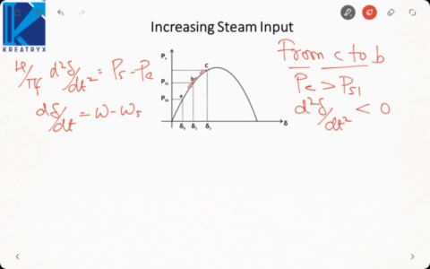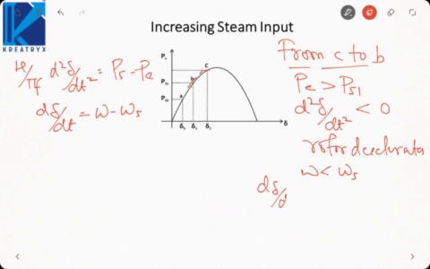Now at C, speed was synchronous. From C to B, speed will decrease, so the rotor decelerates. And if its speed reduces, at C it was omega s, so while going from C to B, it will be less than omega s because it is reducing below synchronous speed.